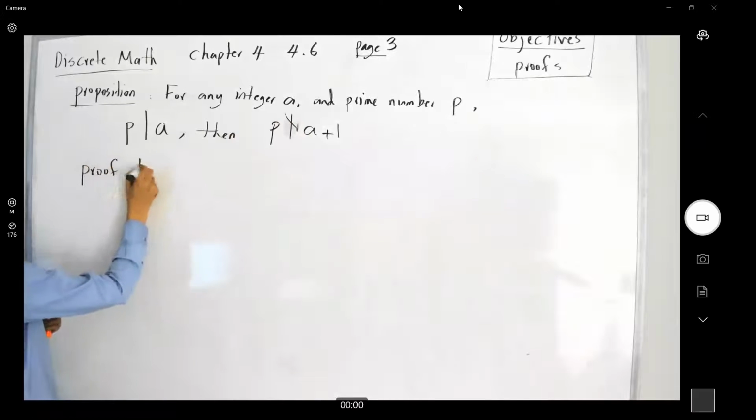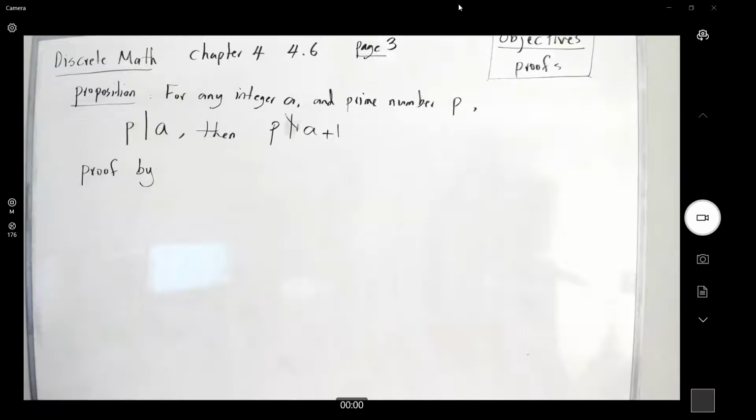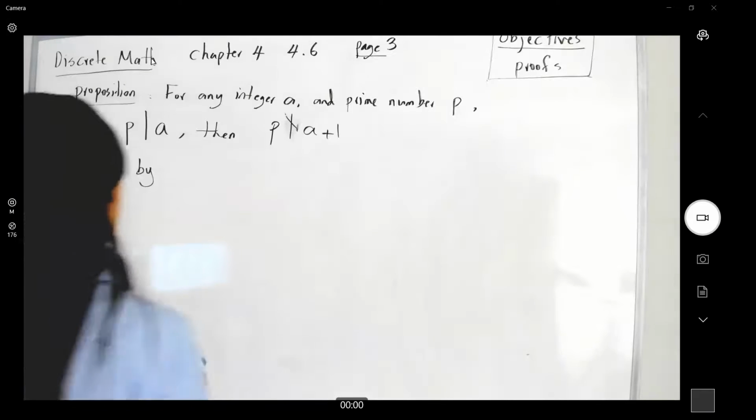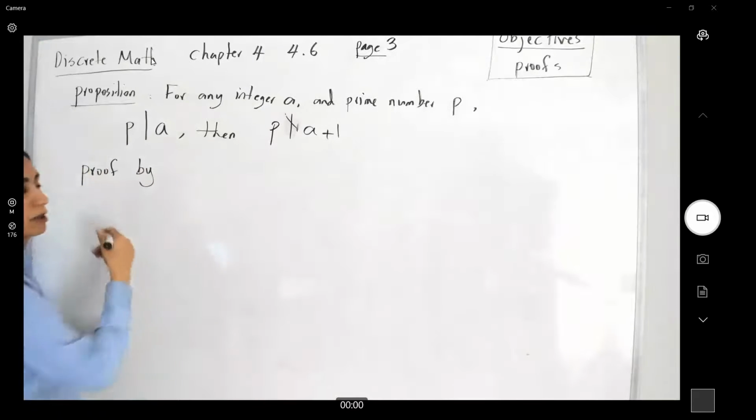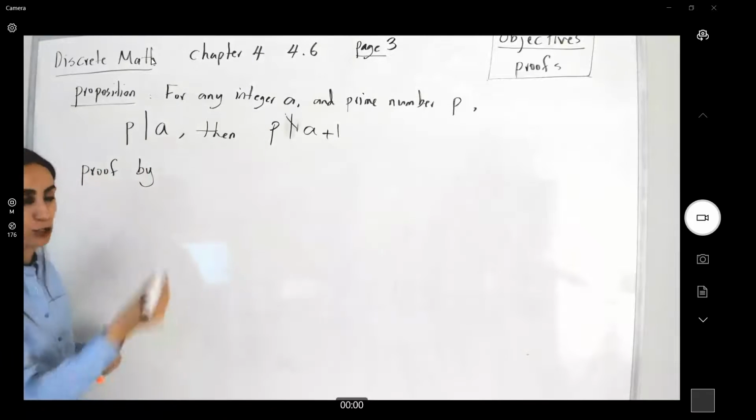Suppose we want to use the method of contraposition as you suggested.